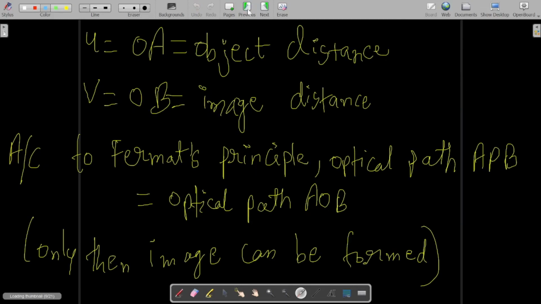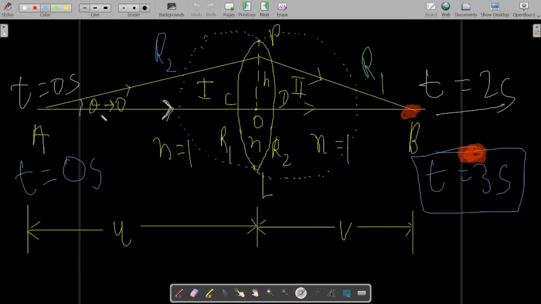What will APB be? Your APB will be equal to AP plus PB. This is quite clear. Your APB will be equal to AP plus PB.